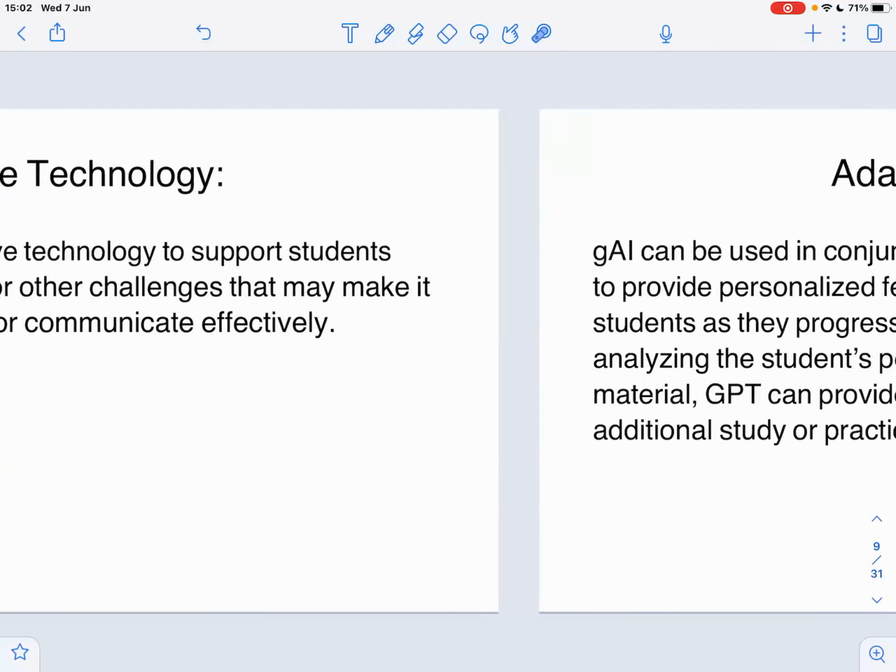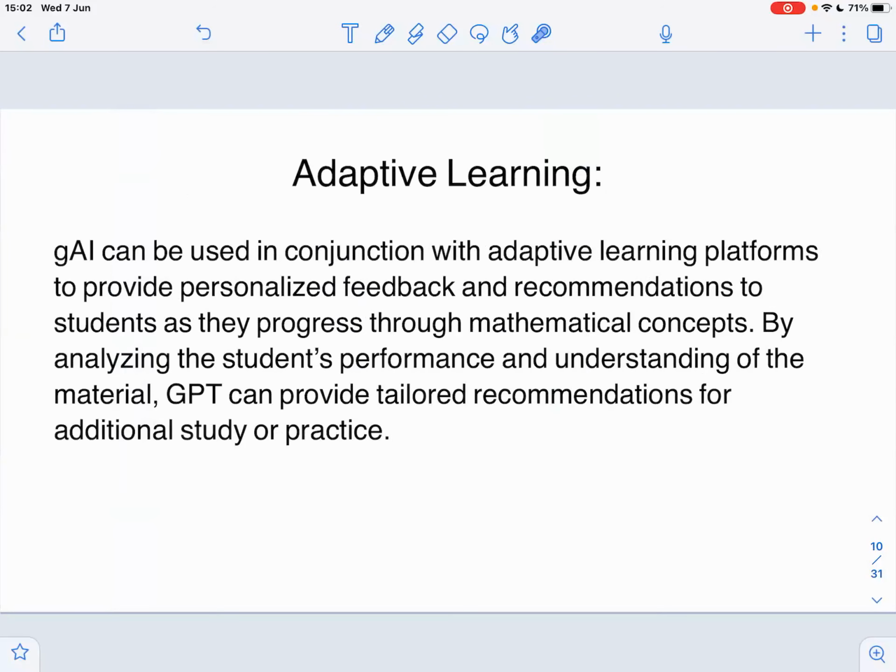We can also go through adaptive learning, because we know as educators, of course, that learning is a journey, and not two people learn in the same way. You probably are very familiar with the observation that when you look at your first year undergraduate students, you have a vast spectrum of skills and abilities.